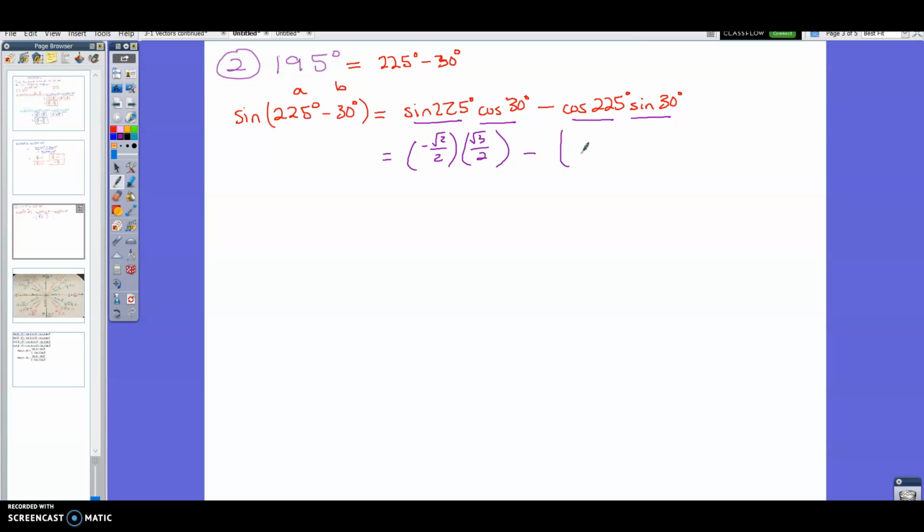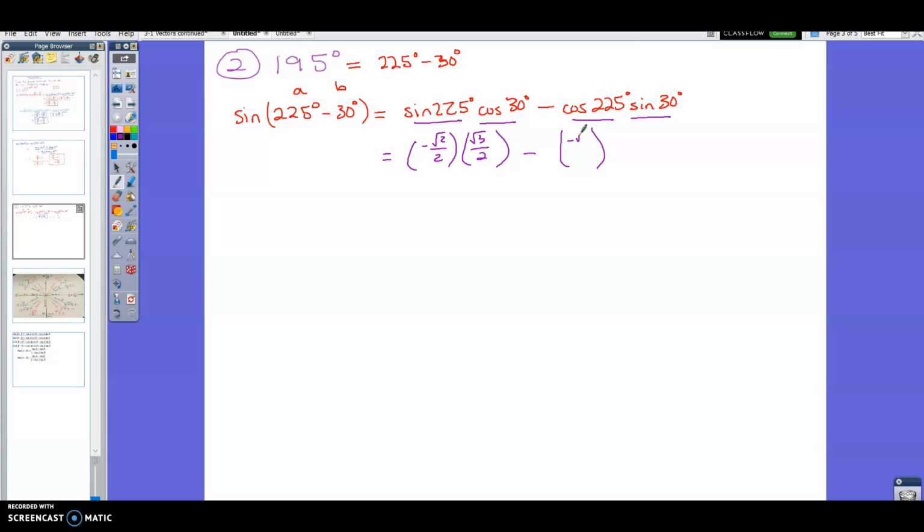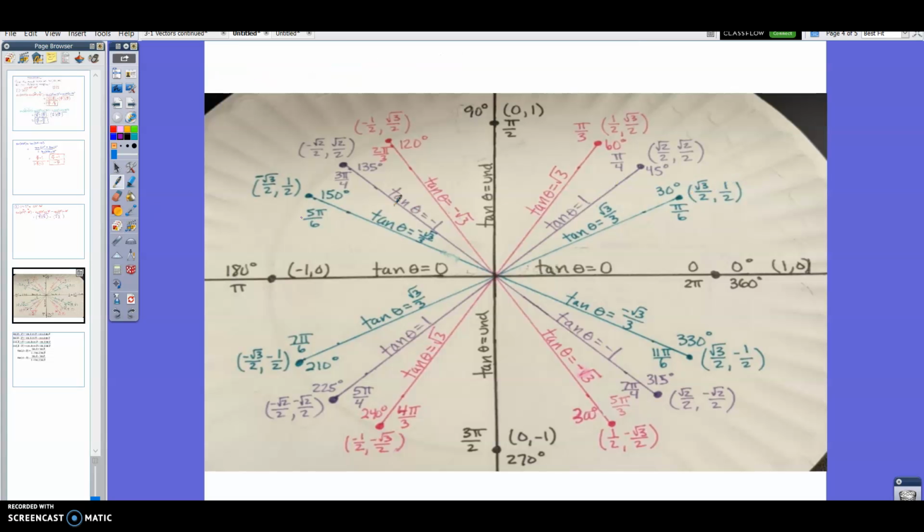And we have minus the cosine at 225, so that's the x value there, which is negative square root of 2 over 2. And then we're going to multiply that by the sine or y value at 30 degrees, which is 1/2.